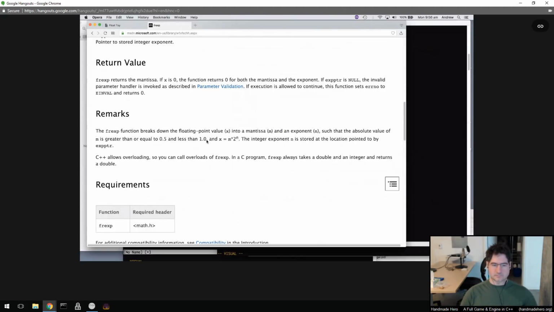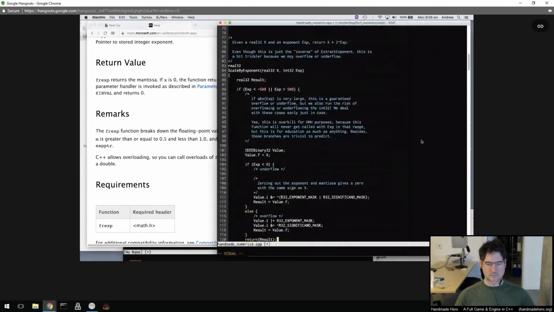It talks about a number between 0.5 and 1. I spent probably too much time actually trying to decide whether I should follow the C convention on this, or follow the more usual floating point convention, and I decided to follow the more usual floating point thing.